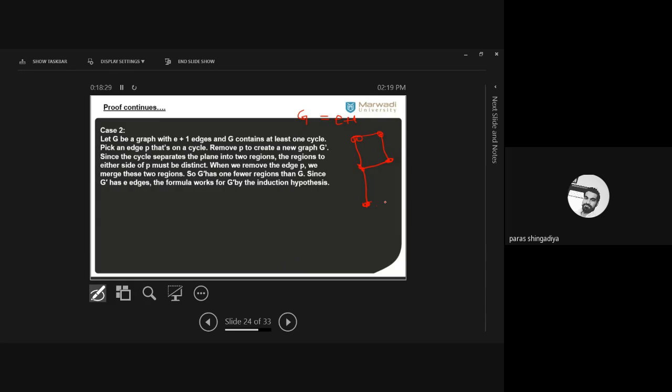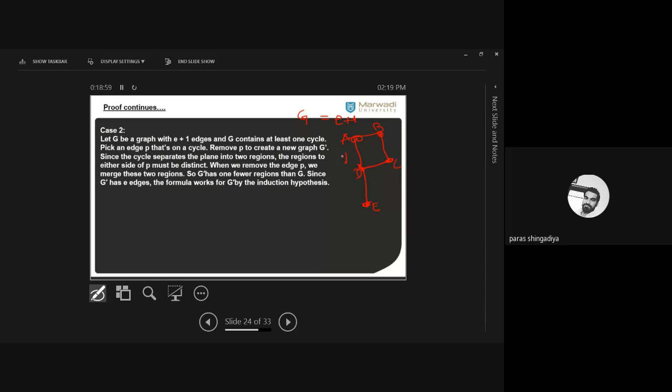Now in the next step, we consider one edge of this cycle. Which cycle do we have? You can also mention the vertex notation. That is A, B, C, D. By using A, B, C, D we can create one cycle. So we consider one edge of this cycle. You can take any of the four edges. Consider any edge from this cycle.